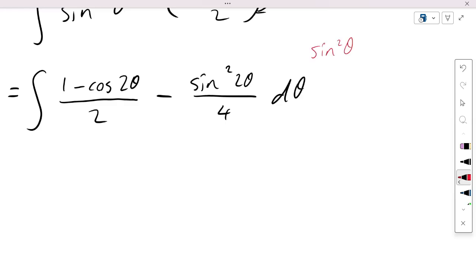We had sine squared theta is equal to 1 minus cosine 2 theta, divided by 2. Now, one rule that we need to remember is that if we double the angle on one side, we have to double the angle on the other side as well.